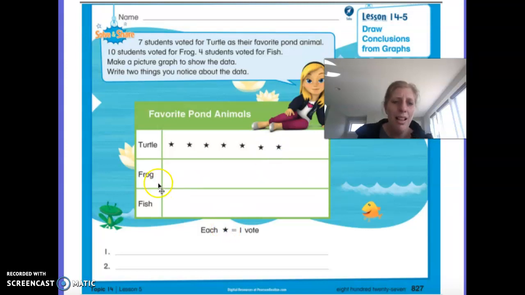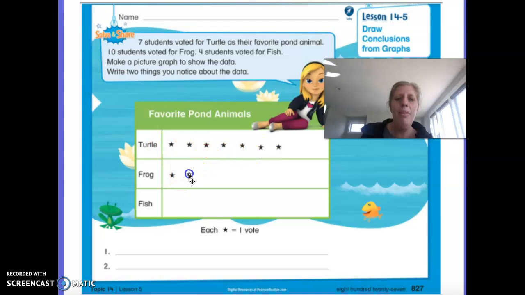Now, how many kids liked frog? 10 students voted for frog. Now watch this. When I put these up, I'm going to try to keep them in straight columns, because if I squeeze the frog ones really close together and I count to 10, it might only go to like right here, and then it would look like there were more turtles than frogs.